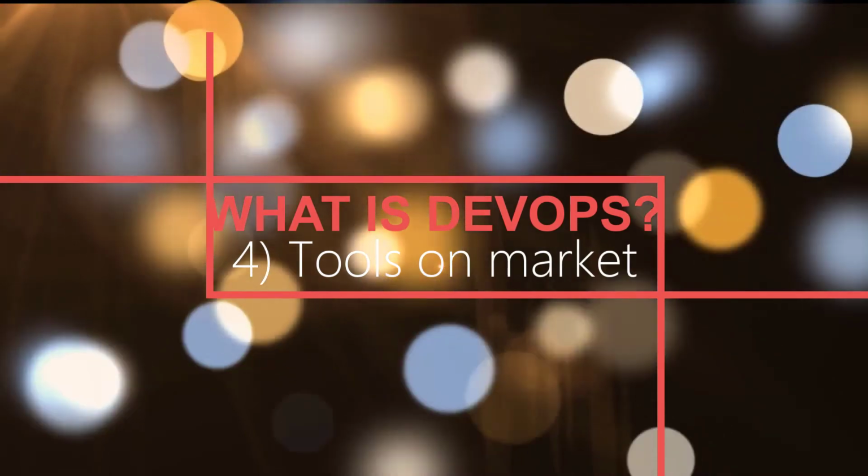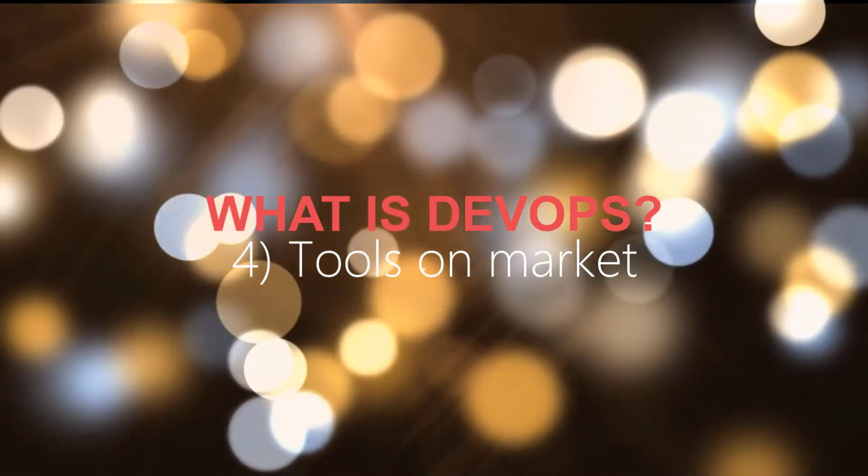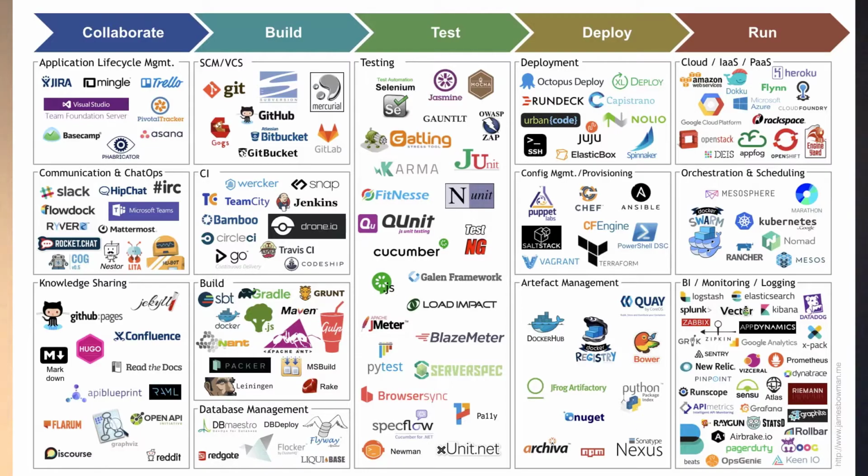Fourth point, some tools we can find on the market to cover each category of DevOps. So here you have a schema. Something we can see here is that we have different tools to cover the different phases of the DevOps cycle. Also to mention, we now have non-functional requirements that come into play that we didn't have before in the traditional development cycle.